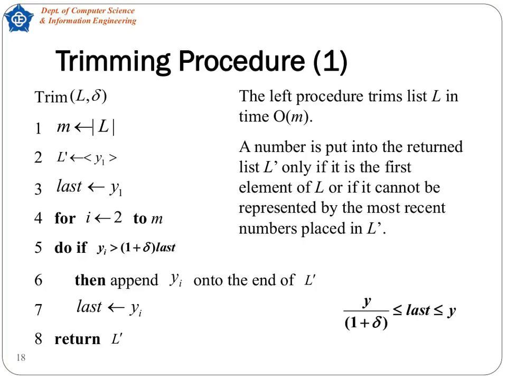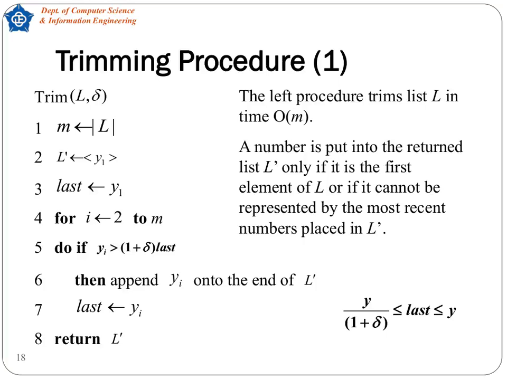Building on that trimming idea, the trim procedure takes a sorted list L of length m and a tolerance delta, and in just O(m) time it produces a much smaller list L'. We start by initializing L' with the very first element y and setting last equals y. Then we scan each subsequent element y. If y exceeds last times 1 plus delta, we append y to L' and update last to this new value.